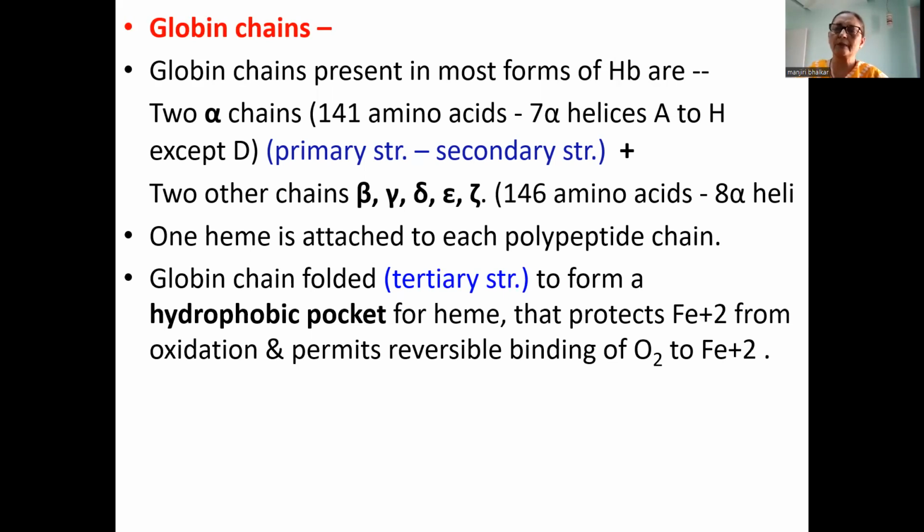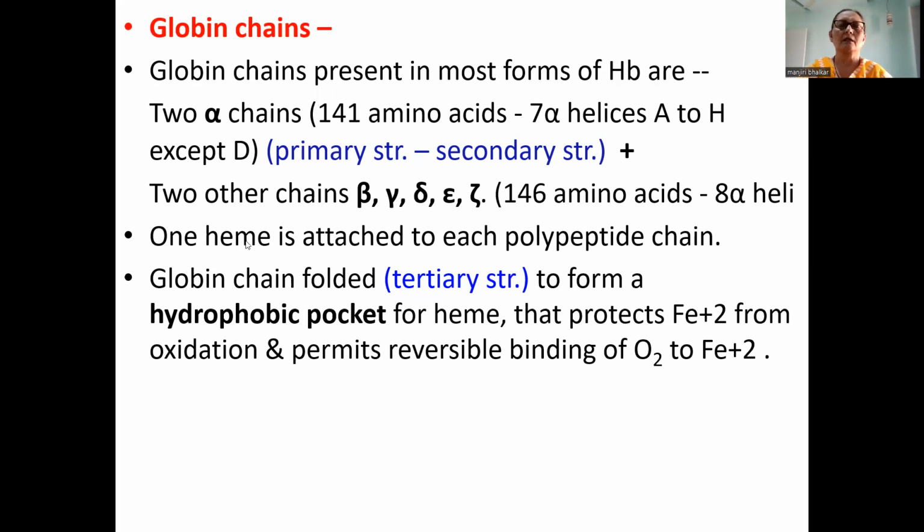Such a hemoglobin is called methemoglobin or oxidized hemoglobin. So in order to avoid that type of hemoglobin formation, there is always a hydrophobic pocket which is generated by the hydrophobic or non-polar amino acids of the globin chain.